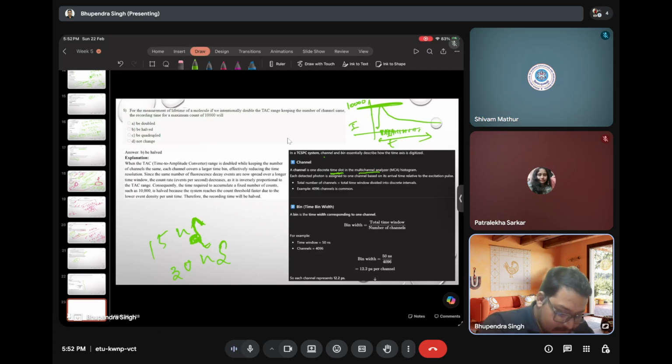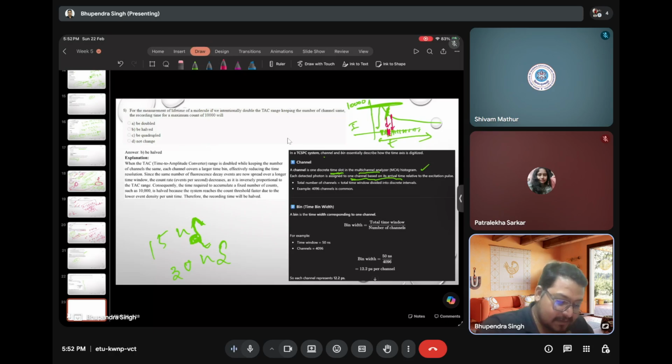So a channel is one discrete time slot in a multi-channel analyzer histogram, and each detected photon is assigned to one channel based on its arrival time. Let's say a photon having a low lifetime will be detected somewhere here, so this channel will detect this photon, or here this channel will detect.